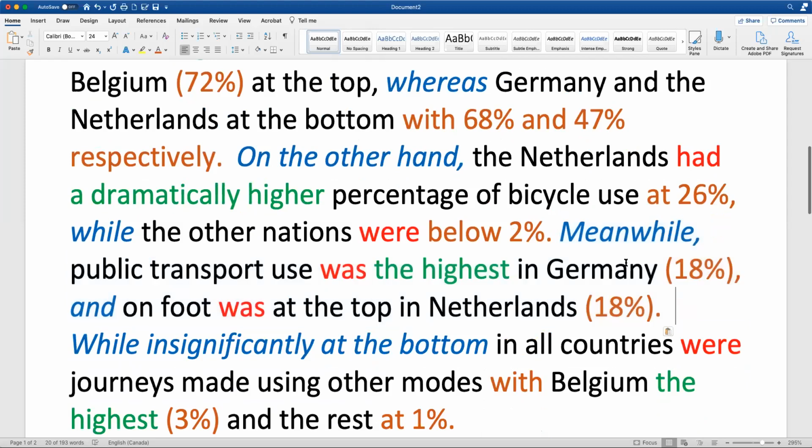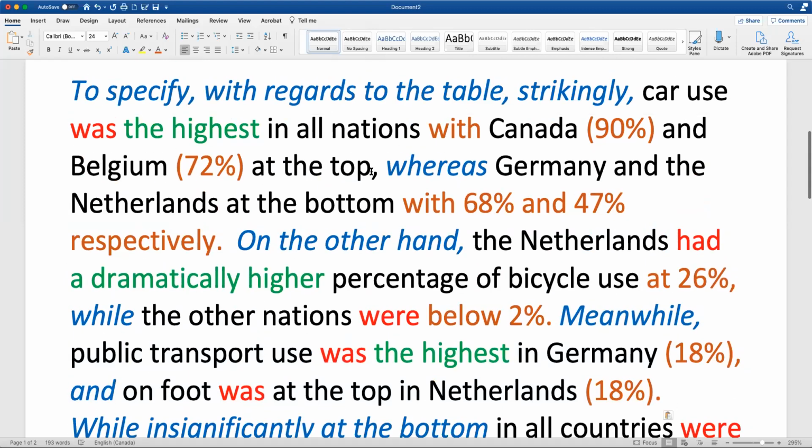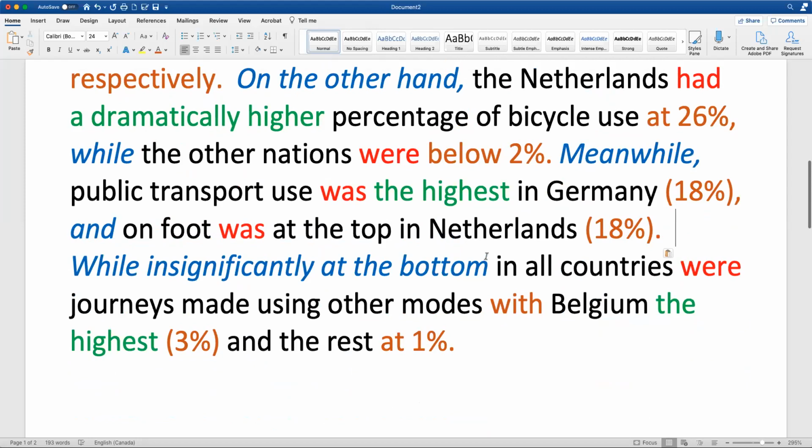But this sentence right here, in combination with what we said already, this can be 7 with no grammar errors as well.